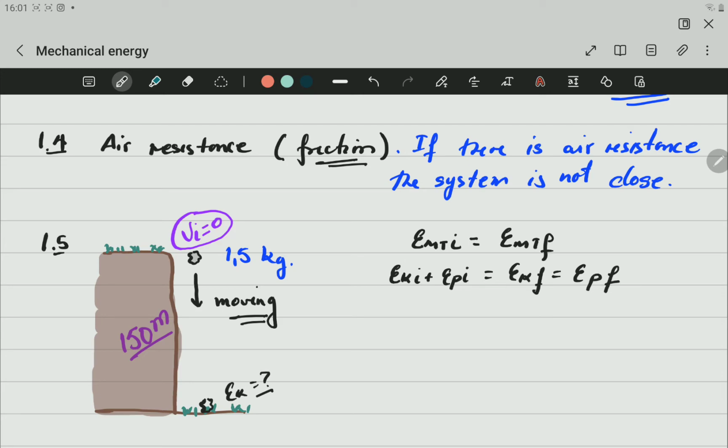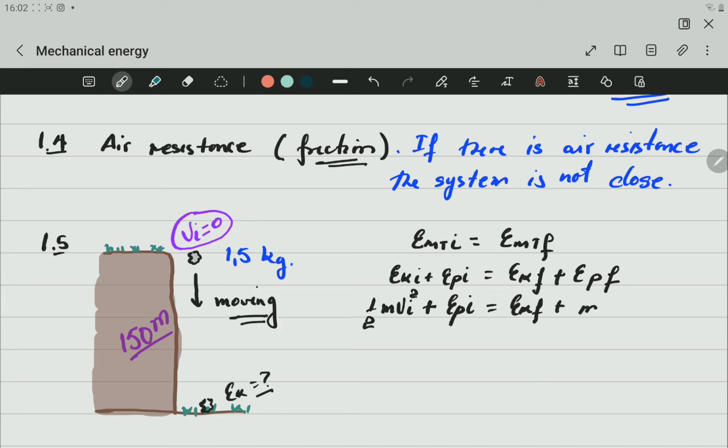So now, kinetic energy initial will be half times mass times the initial speed squared, plus the potential energy initial, but that one is given because we did calculate it. That is equal to the kinetic energy final, what they're asking us to calculate, plus mass times acceleration due to gravity times the final height. Note that this is not an equal, this is a plus. I'm very sorry about that.